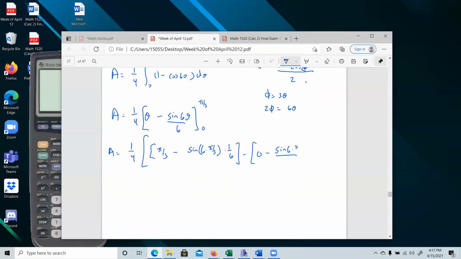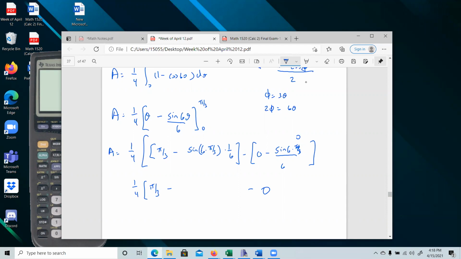So this is pi over 3 divided by 6, and we'll see. Oh, no, we don't. We went 0, sorry. 6 times 0 is 0. What is sine of 0? It's 0. So I lied. It really was 0. Okay, here we have 1/4. Here we have pi over 3 minus sine of 6 times pi over 3.